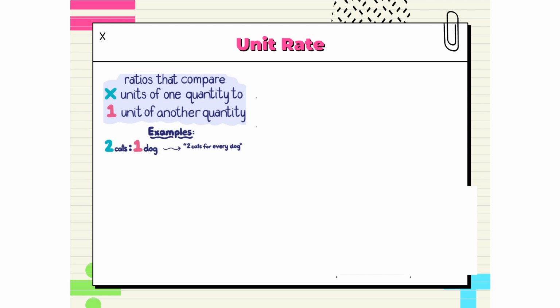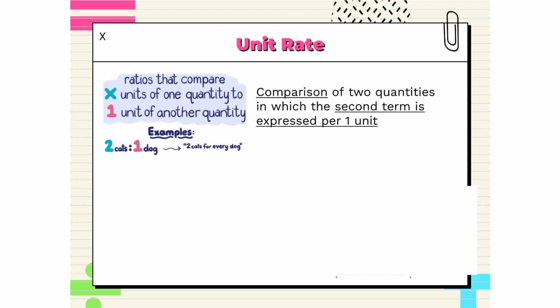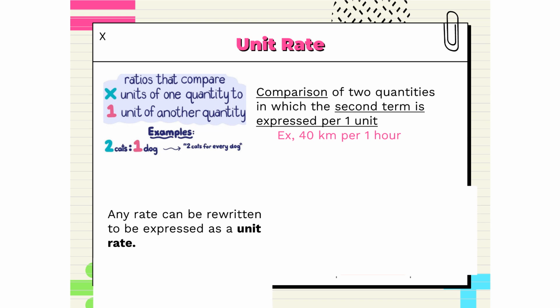But the key there is that it's 1 dog on the right side of the ratio, or 1 of whatever unit on the lower part, the denominator of your fraction. So it's a comparison of 2 quantities in which the second term is expressed per 1 unit. For example, the most common one is 40 kilometers per hour. So any rate can be rewritten to be expressed as a unit rate.